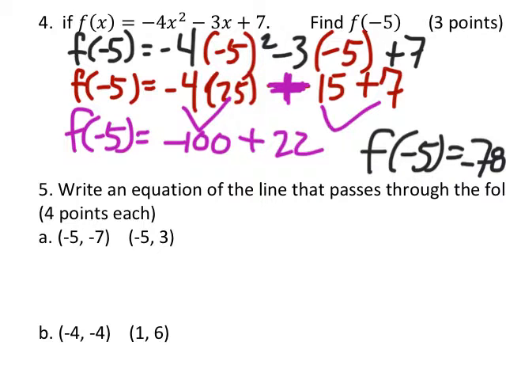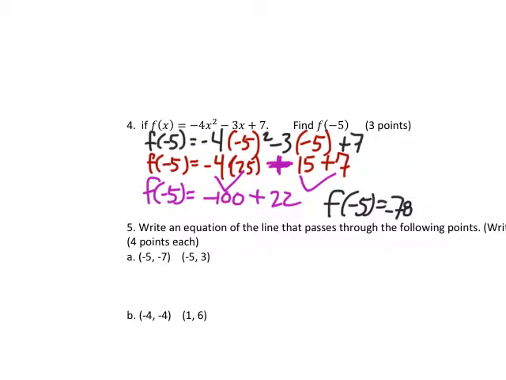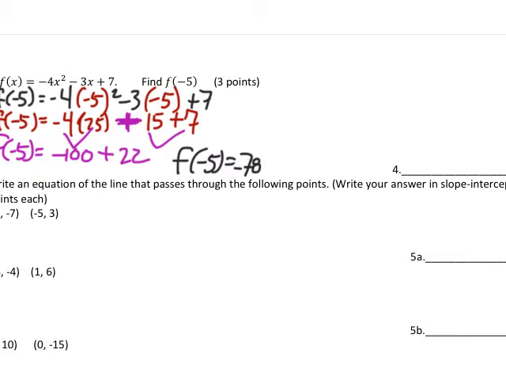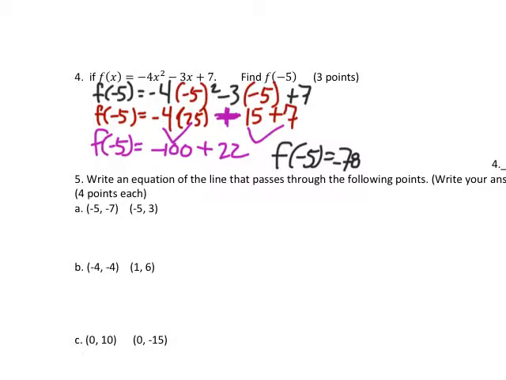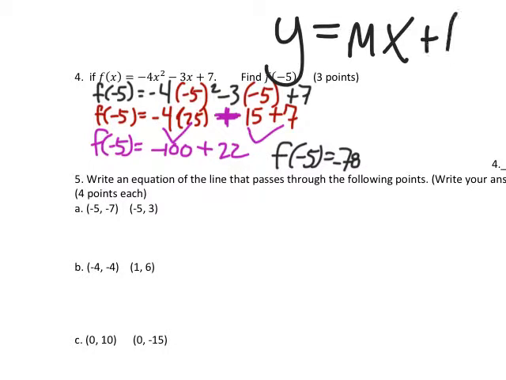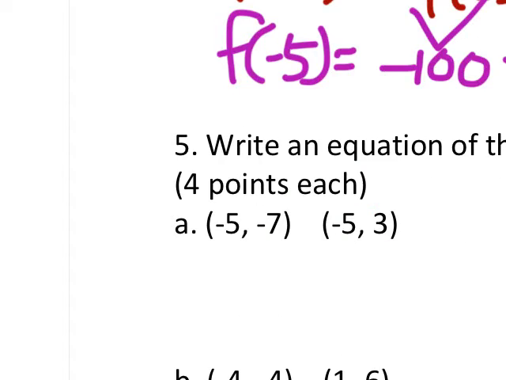Alright, number 5, write an equation of a line that passes through the following points. And we'll write this in slope-intercept form. And just as a quick reminder, slope-intercept is y equals mx plus b. M is the slope, b is the y-intercept. Alright, knowing that much, this is going to help.